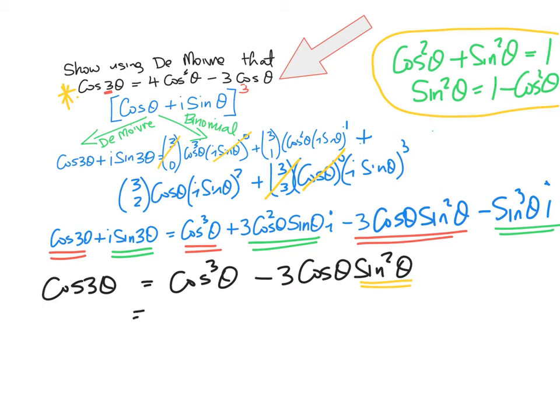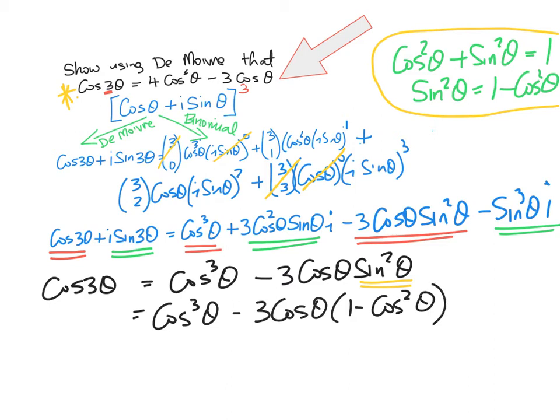So I'm going to change this. The cos cubed is fine, and the 3 cos theta is fine. I'm going to change that to 1 minus cos squared theta. And that gives me cos cubed theta, and if I multiply this out, I get minus 3 cos theta, so that times 1, and then minus 3 times minus is a plus 3 cos cubed theta.